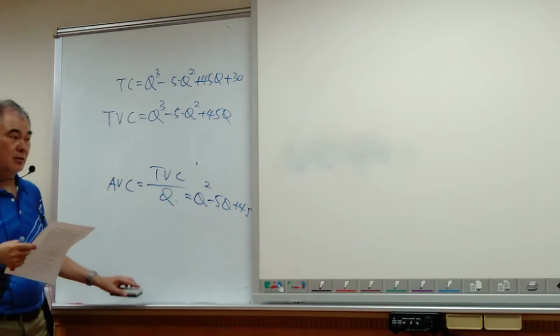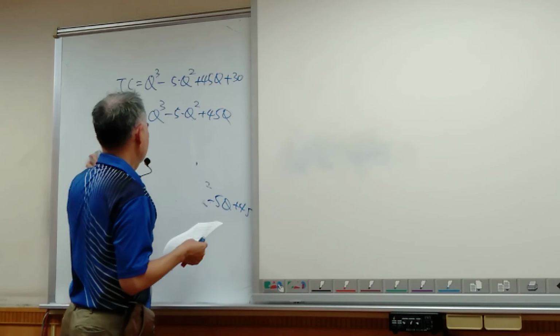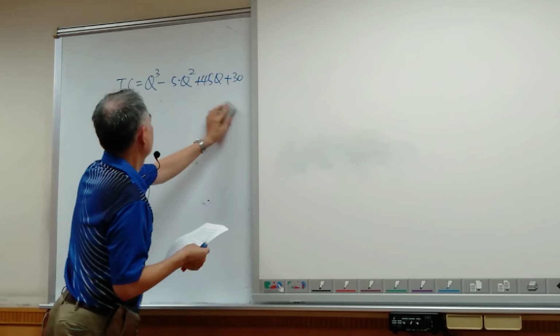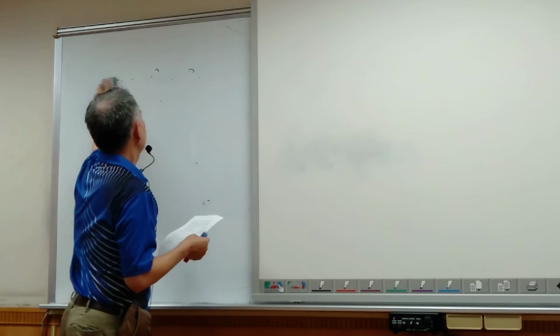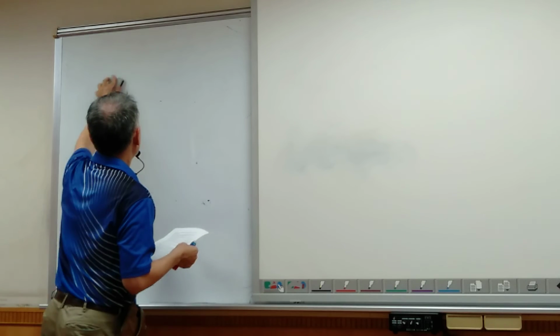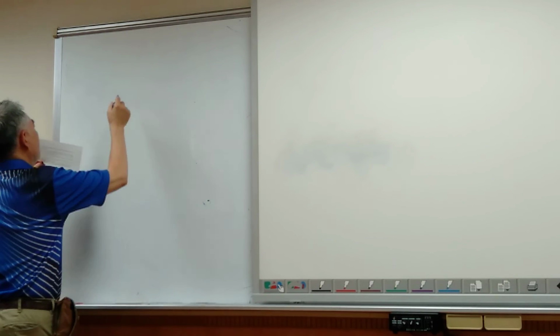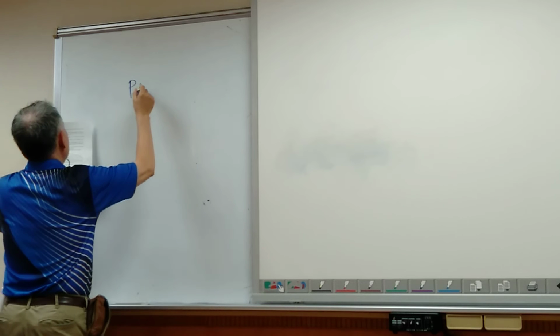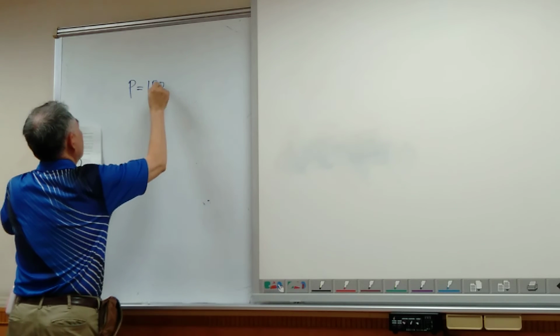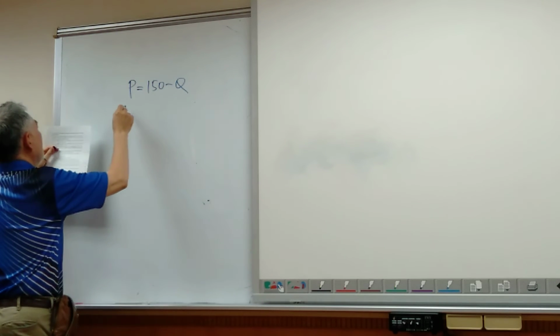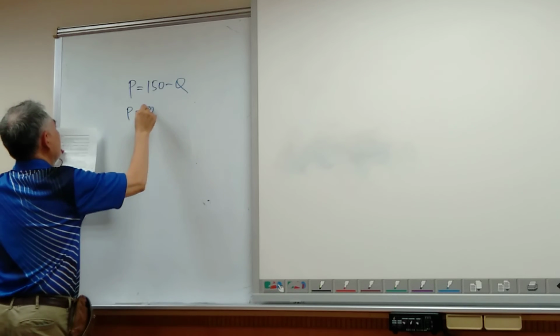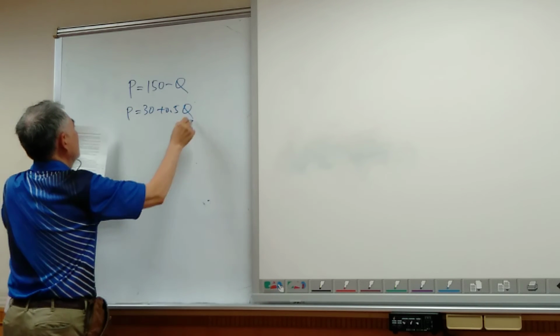Okay, so this should be easy, right? P is equal to 150 minus Q, and P is equal to 30 plus 0.5Q.